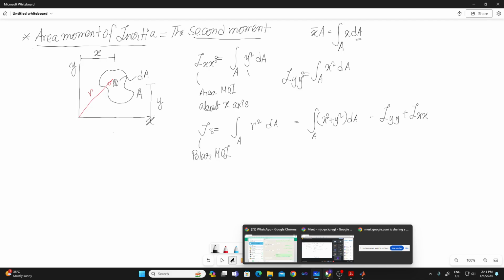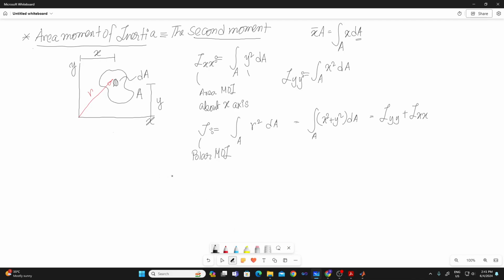Yes, sir. Okay, in addition there is also something called product moment of area, which is defined in this way: Ixy, which is integration over area xy dA.